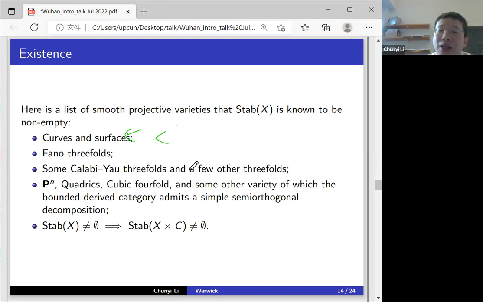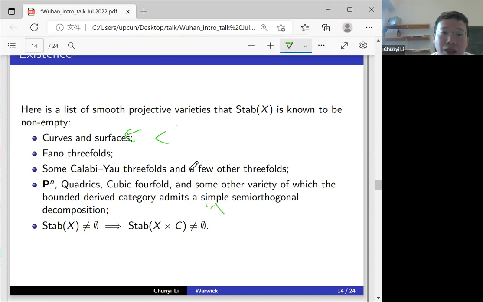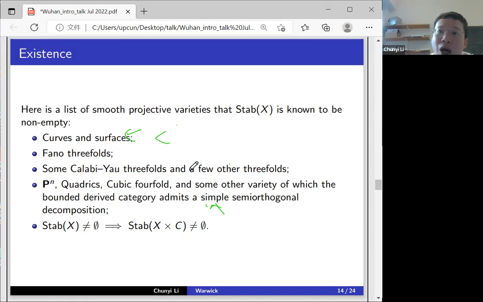Like this: Pn and quadrics, cubic fourfold can have a relatively simple so-called semi-orthogonal decomposition. The Pn can be decomposed as line bundles, the Beilinson theory, and also there are others. I mean, the list of these examples is very long. You can have Grassmannians here.